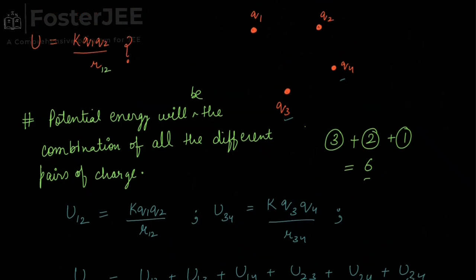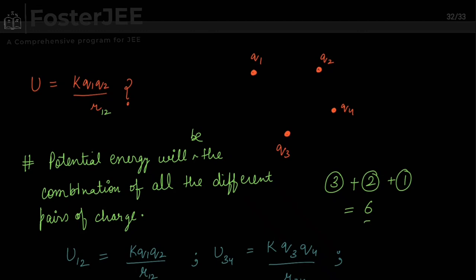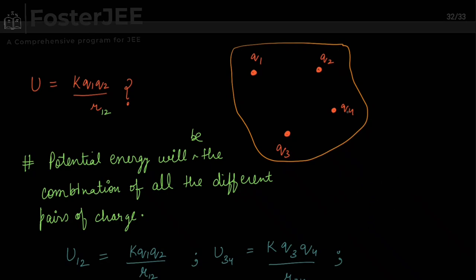Now, just a trick to calculate how many terms will appear in the potential energy of a system of many charges. By counting we have concluded that this system will have 6 equations.